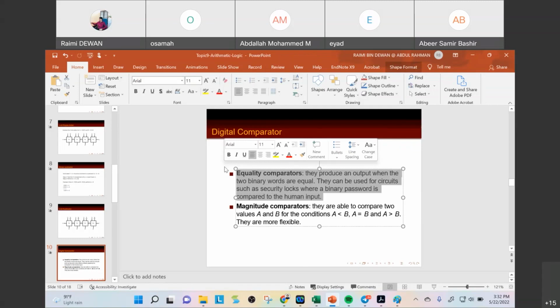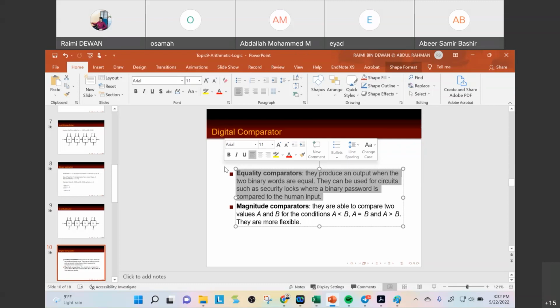For example, Joey wants to enter her father's house. The father set the password. Joey comes to the house and tries to enter the password.